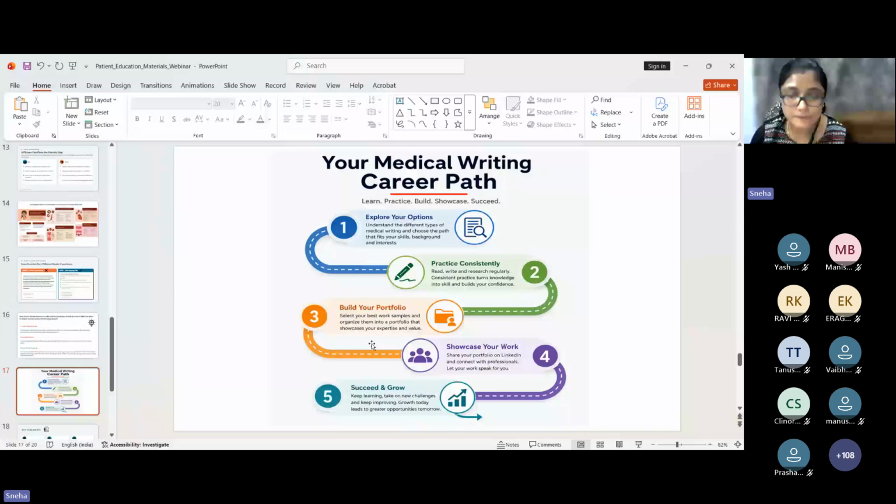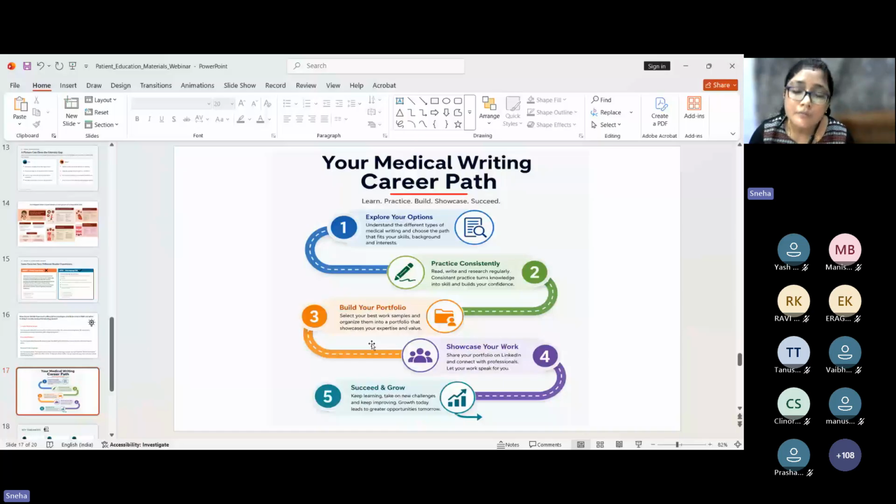So if you really want to be in this field of medical writing, you have to learn. You really have to keep learning. You need to first select your strength and your background. Then you have to practice consistently. With practice, you will develop confidence to build your own portfolios and showcase them.